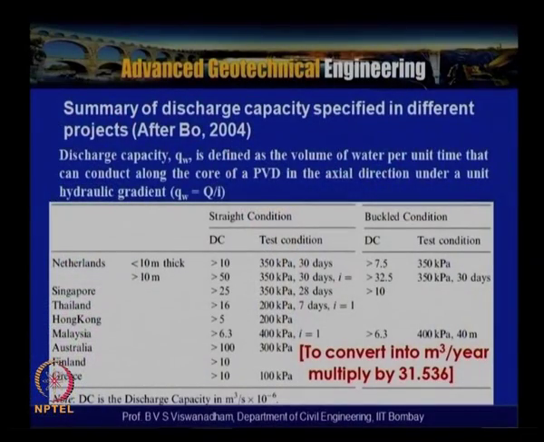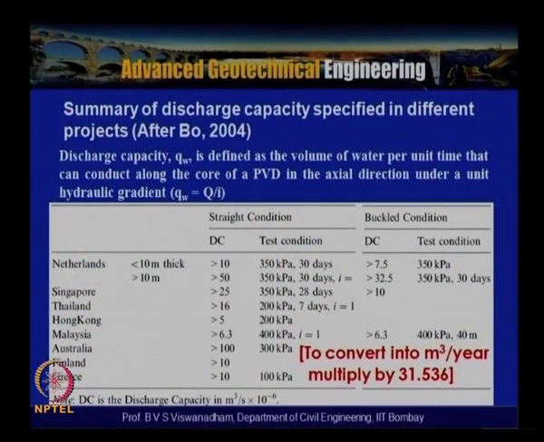So, in this particular slide, a typical summary of discharge capacities specified in different projects is shown, and discharge capacity Qw is defined as the volume of water per unit time that can conduct along the core of the PVD in the axial direction under unit hydraulic gradient. So, Qw, the discharge capacity, is given by Q by i, and i is the hydraulic gradient.